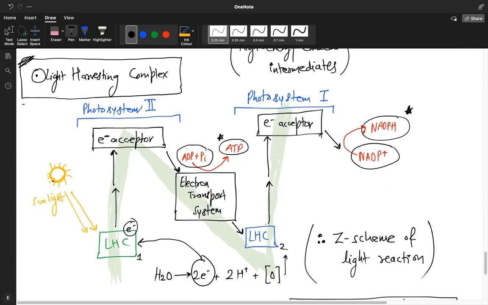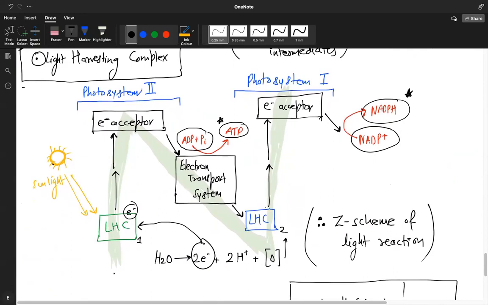So this light harvesting complex 1, what is the absorption peak of light harvesting complex 1 of the reaction center? It will be high energy or low energy?